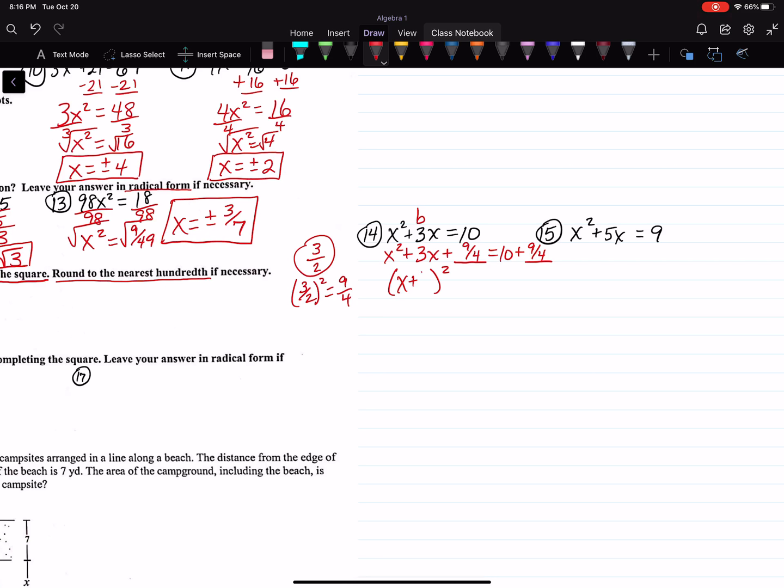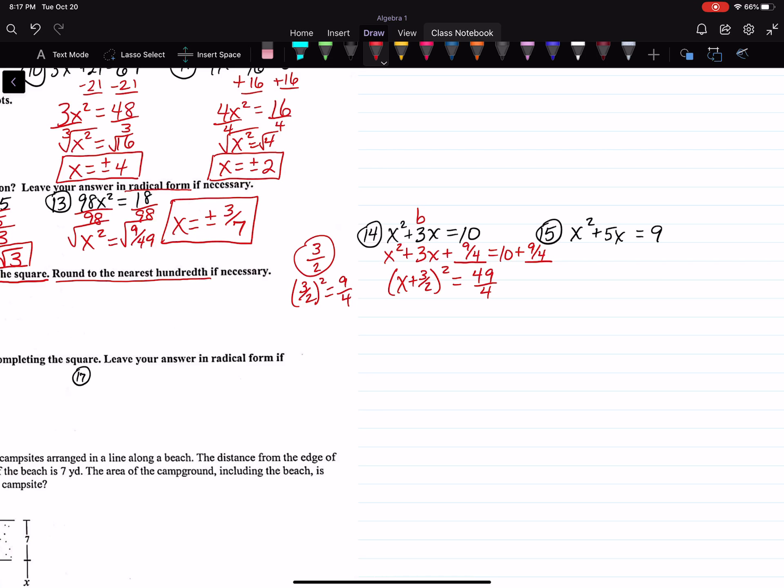So x plus 3 over 2 squared equals 10 plus 9 over 4. 10 plus 9 over 4 is 12.25, but we want the fraction of that, which would be 49 divided by 4. Okay, 49 over 4.